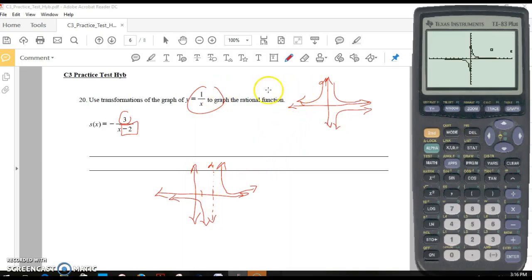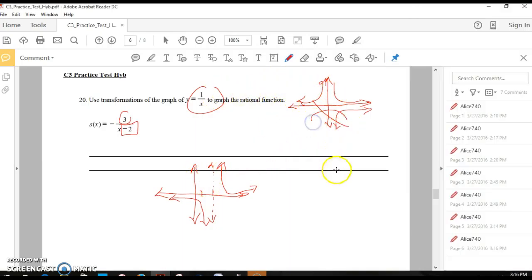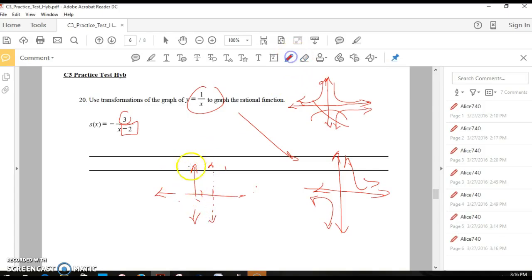So that would be actually a negative. So 1 over x looks like this. And so this is going to go this way. And that is your Chapter 3 test.